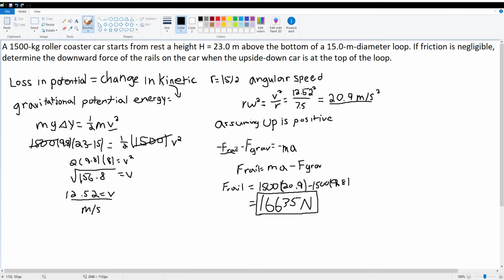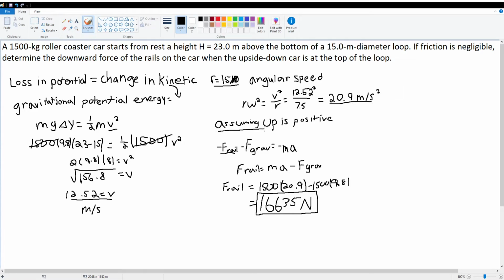So therefore we have velocity that we just found squared over the radius, which is 15 divided by 2. Division sign, my bad. And then that acceleration is 20.9 meters per second squared.